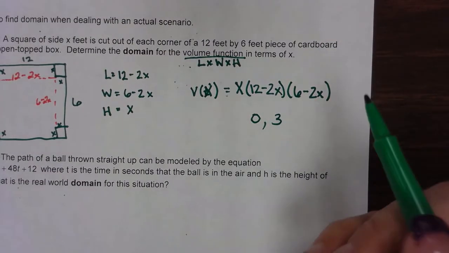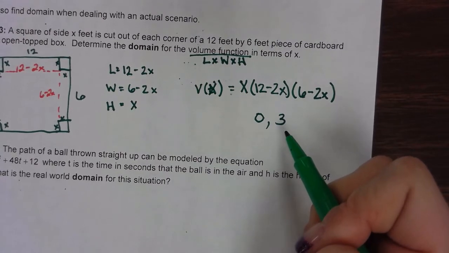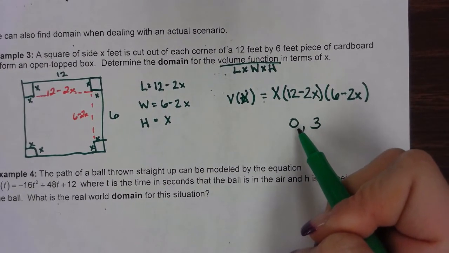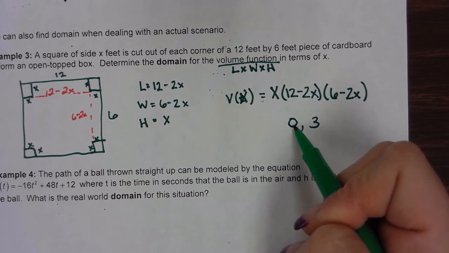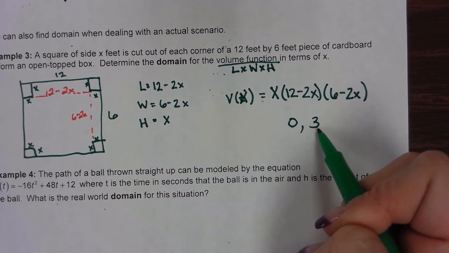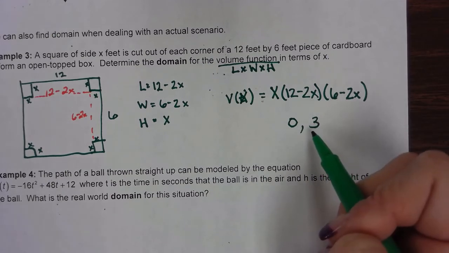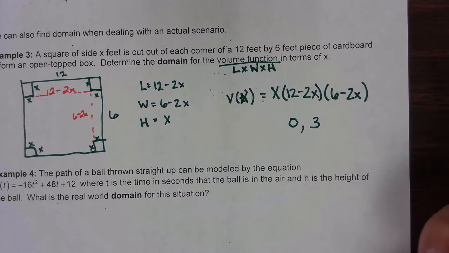Now let's talk about parentheses or brackets. If we include brackets here, we're going to include 0 and 3. But again, our width would be 0 or our height would be 0. Well, if we have no height, do we have a box? No, we just have a square of cardboard. We don't have a volume.